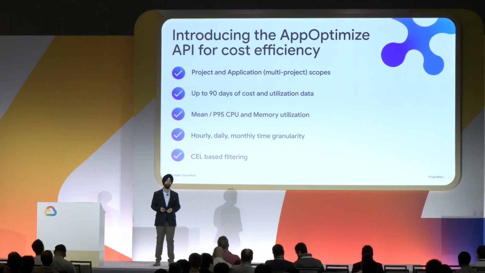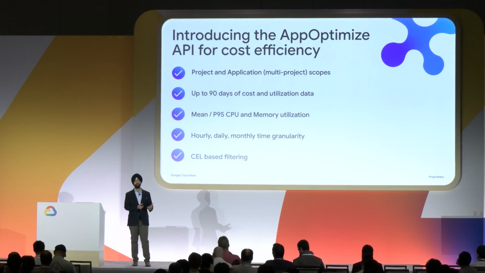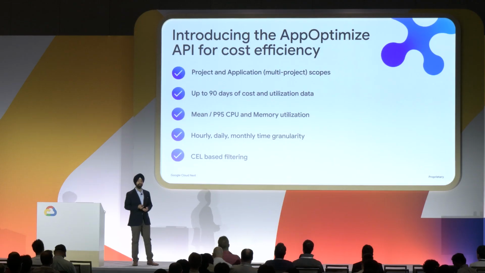You can also query your costs and your utilization for vCPU and memory, along with your resource types. You can gather all this data and group it by hour, day, or month for further granular analysis if you wanted to see costs in more detail. And you can use CEL filters to reduce the amount of noise and just focus on the resources that you're most interested in.